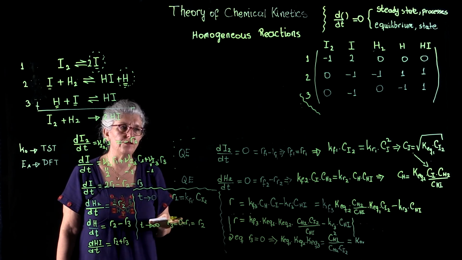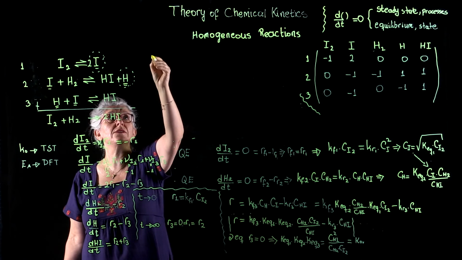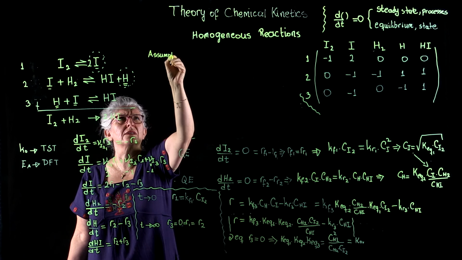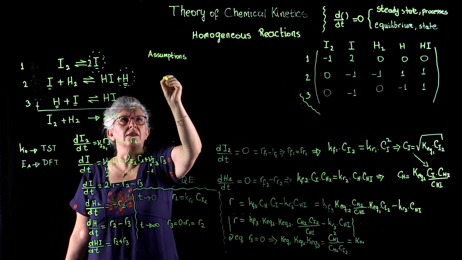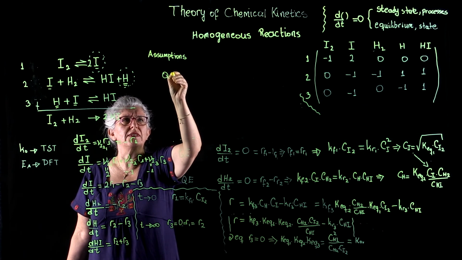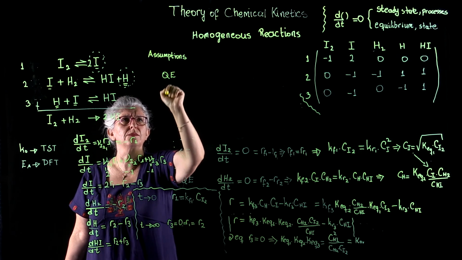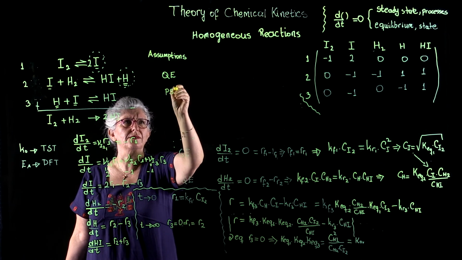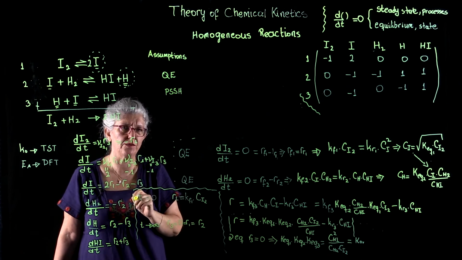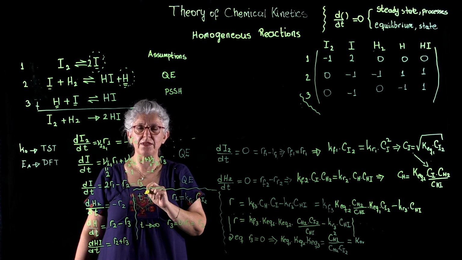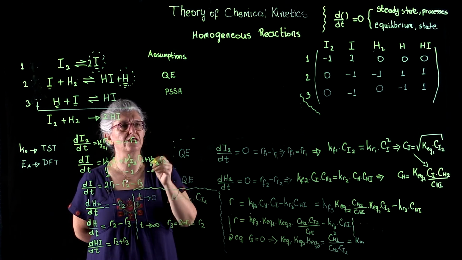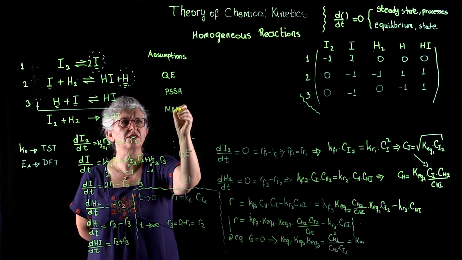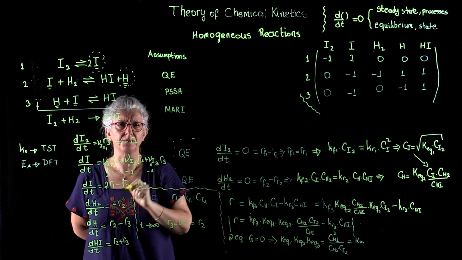So when deriving all these equations, we have made some assumptions. One was quasi-equilibrium, one was pseudo-steady state hypothesis. There is a similar assumption for the surface reactions. It is called the most abundant reaction intermediate.